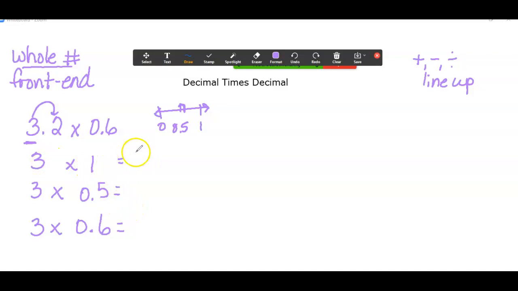So 3 times 1 is 3. 3 times half. Ooh, that one you got to think for a minute. Think about $3. If you have $3 and you want to share that between you and one other person, I know that each of us would get $1.